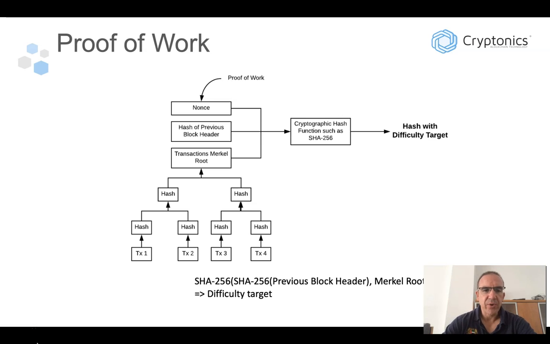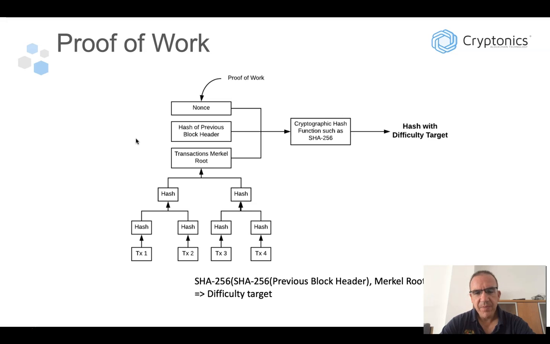This diagram just shows how the hash of the previous block header is calculated. So what happens is the miners are collecting transactions from the pool of unconfirmed transactions, and they're building their blocks. And they are closing these blocks off by calculating the hash of the previous block.